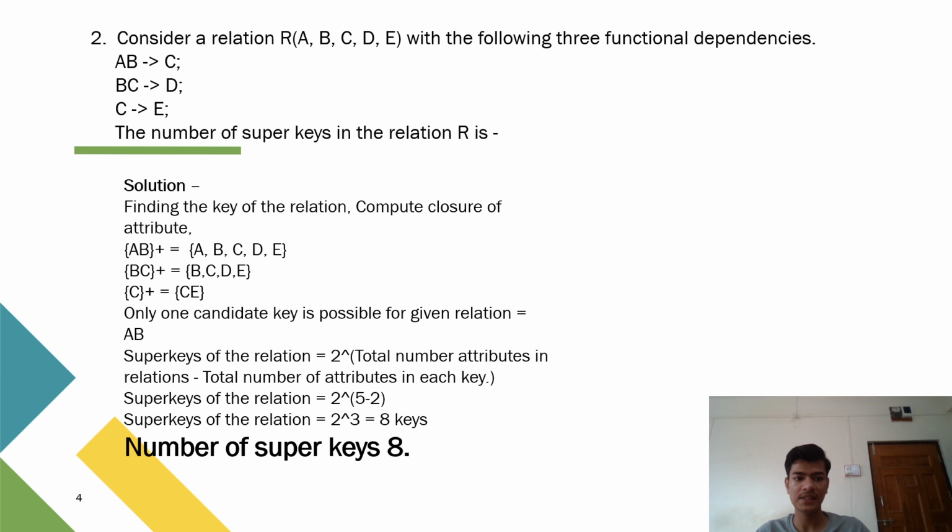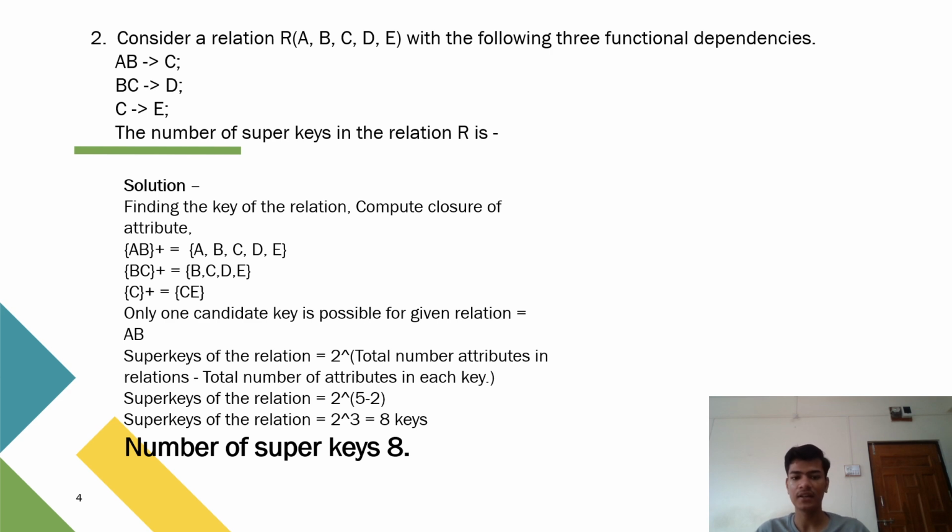Now talking about BC, in BC there would be BC, and D and E are dependent on B and C, so they would also come. And in C only C and E will come.